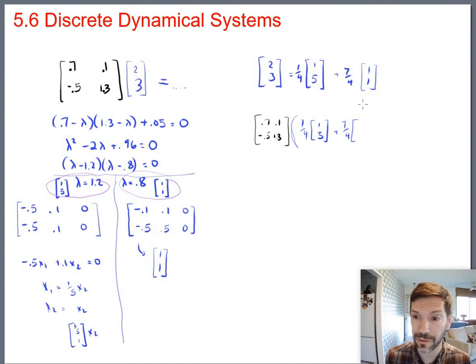We're still starting at 2, 3. Just writing it in an expanded form. So that should still come out the same as it did before.